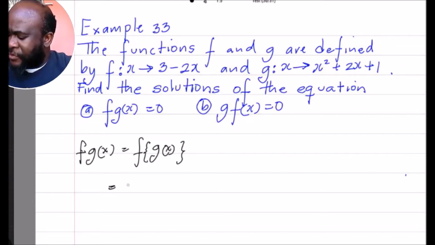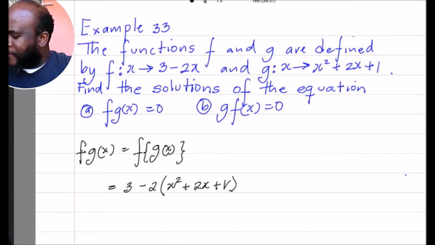So f is 3 minus 2, and then we put in g, which is x squared plus 2x plus 1. So this becomes 3 minus 2x squared minus 4x. Negative times a positive is a negative.